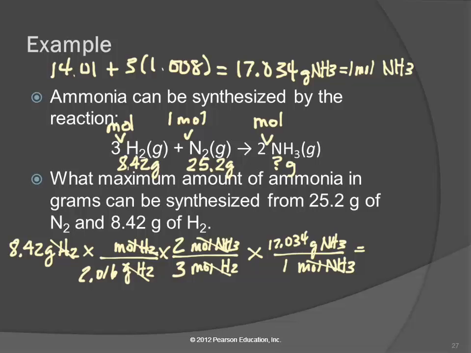We started with 3 significant figures, so we're going to express our answer with 3 significant figures, and we get 47.4 grams of ammonia. Anybody else get that number? Okay. So that's one possibility. But then we have to take the other reactant and find out how much product it could make.